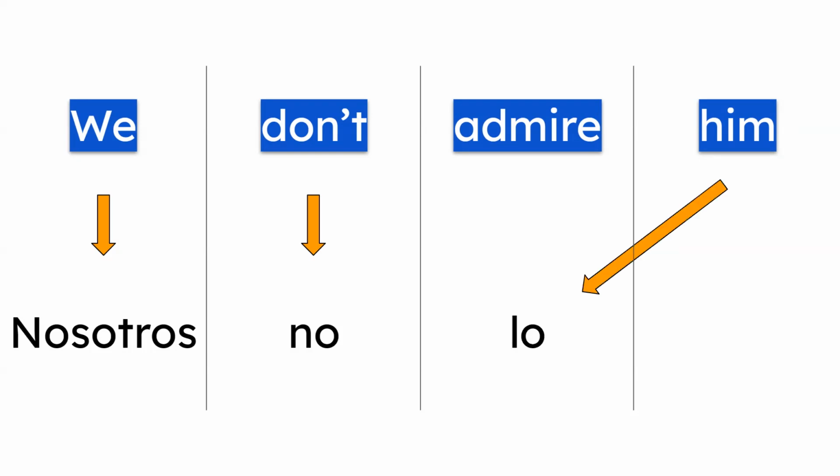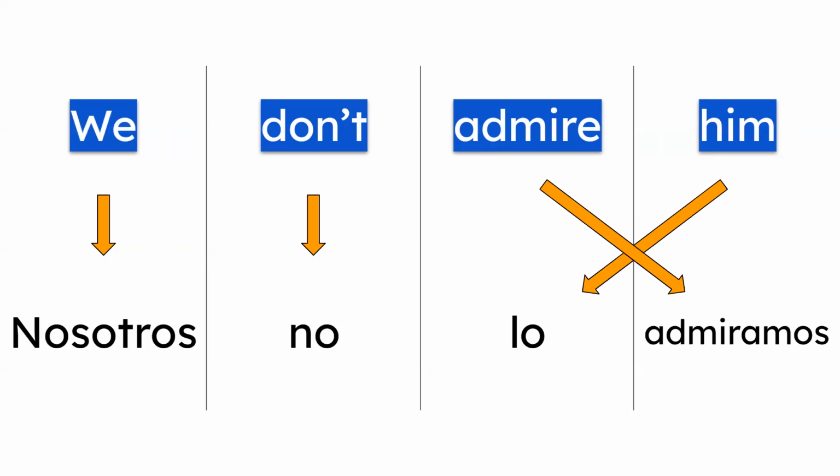Right, lo. Nosotros no lo. And the verb admire in Spanish is admirar. AR ending. So how do we conjugate admirar for nosotros? We say admiramos. That's right. Nosotros no lo admiramos.